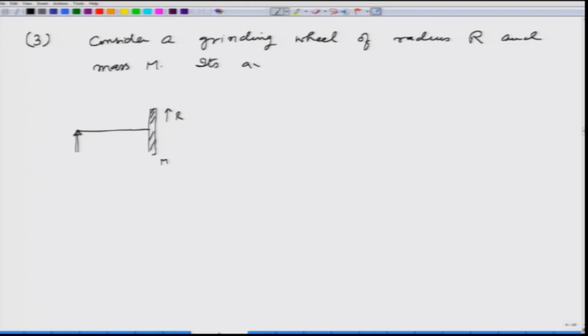Its axle is of length L. So, let us take this length L and it is pivoted at one end.